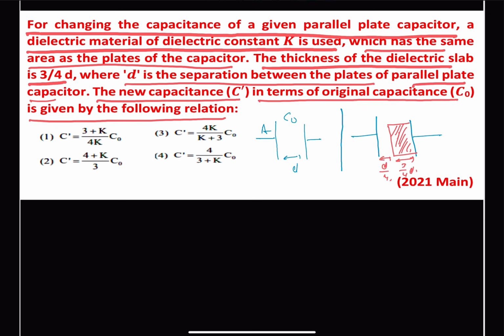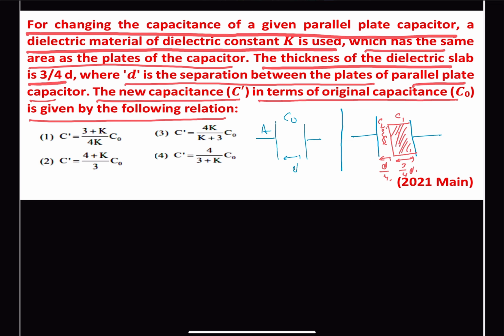So it will be consisting of two capacitors now. One is having a dielectric, let us call this C1, and the other one is without dielectric, that is with air, let us call this C2, and both of them will be in series.